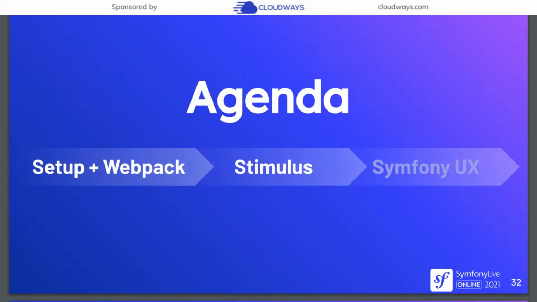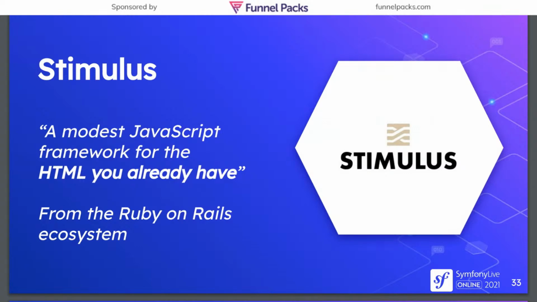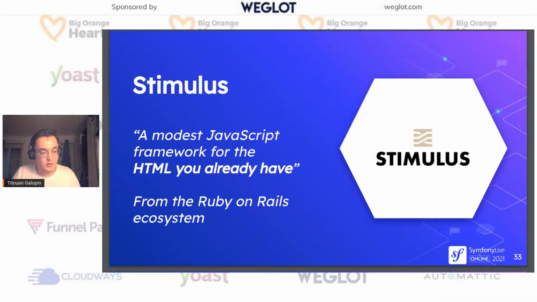So the idea of Stimulus is that most JavaScript frameworks nowadays try to take over your application. When you build a React application, for instance, it's going to create its own HTML and override whatever you created inside the actual HTML initially.